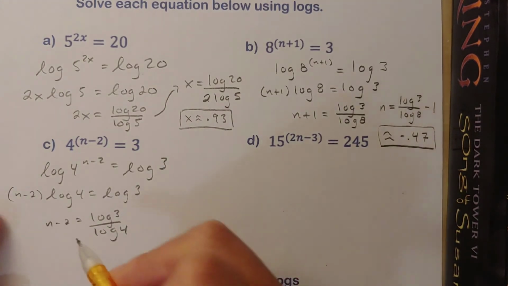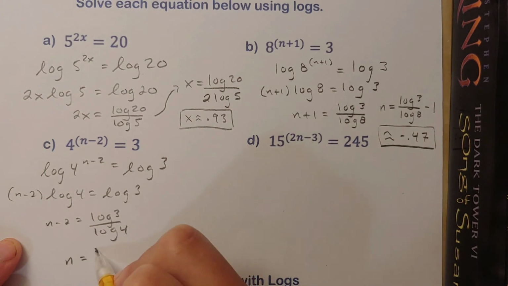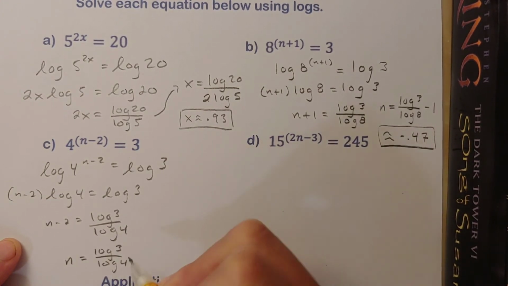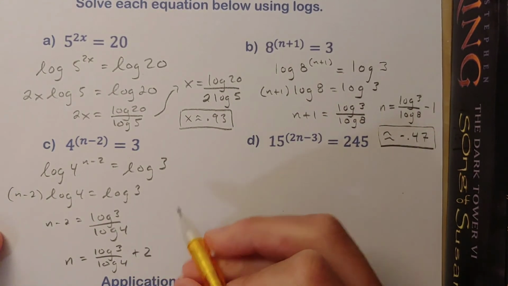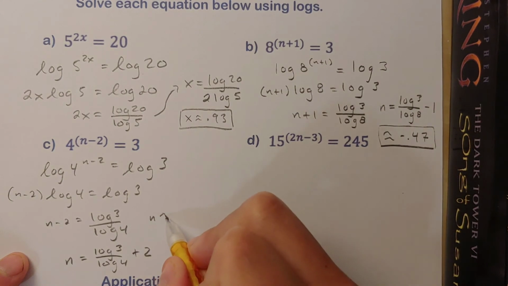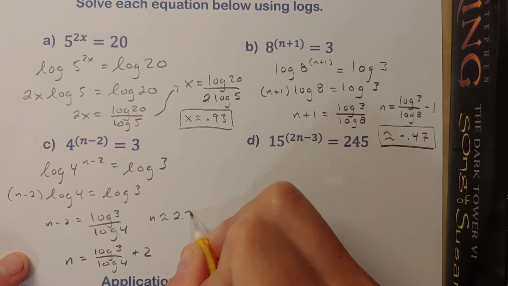Divide both sides by log 4. Last step is to add 2. So n is equal to log of 3 over log of 4 plus 2. If I type that into the calculator, I will get approximately 2.79.